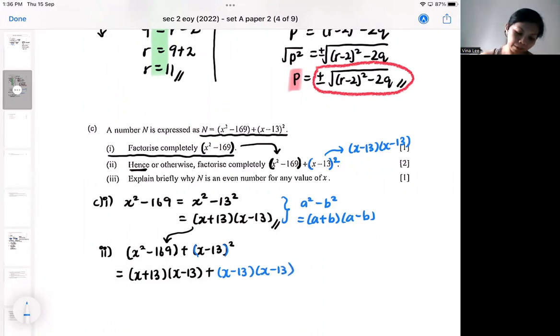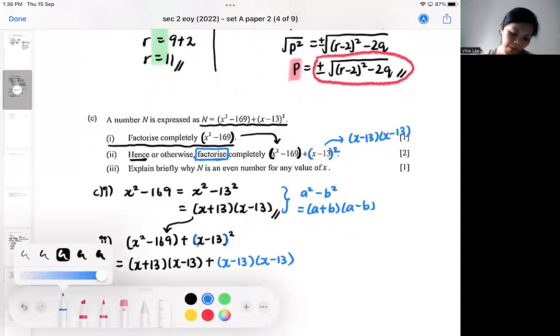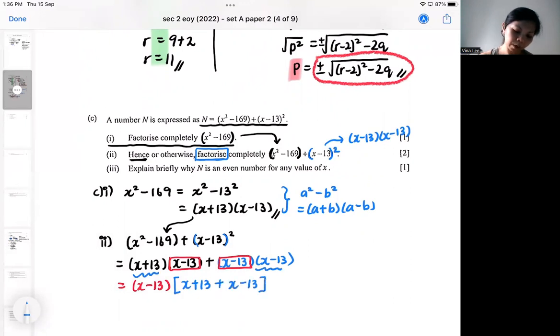My job is to factorize. Look at the keyword: what are they telling you to do? Factorize, so back to the four methods. If you go through the four methods, you realize that this is a common factor. The bracket is a common factor. From the second line to the third line, I take out the common factor, after which I'm left with a bracket and another bracket.